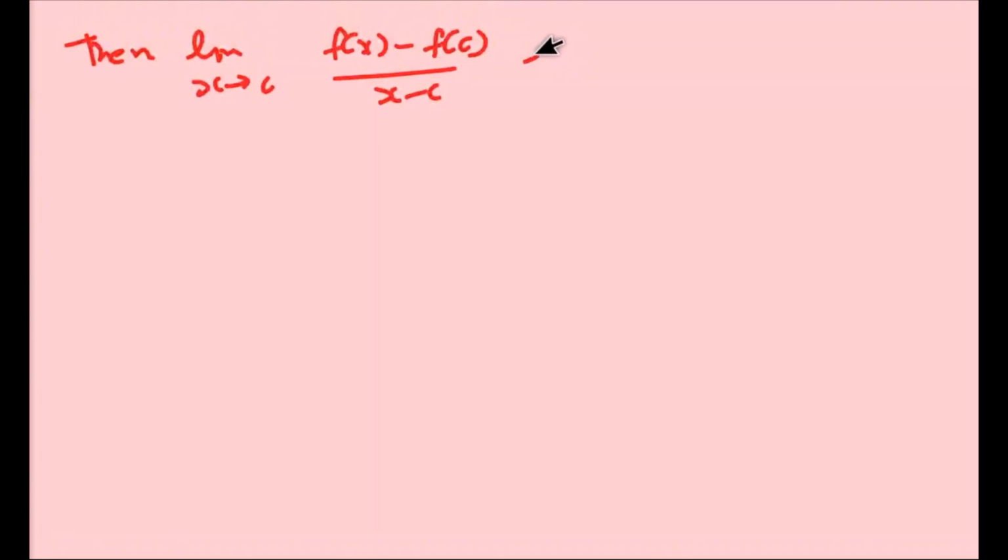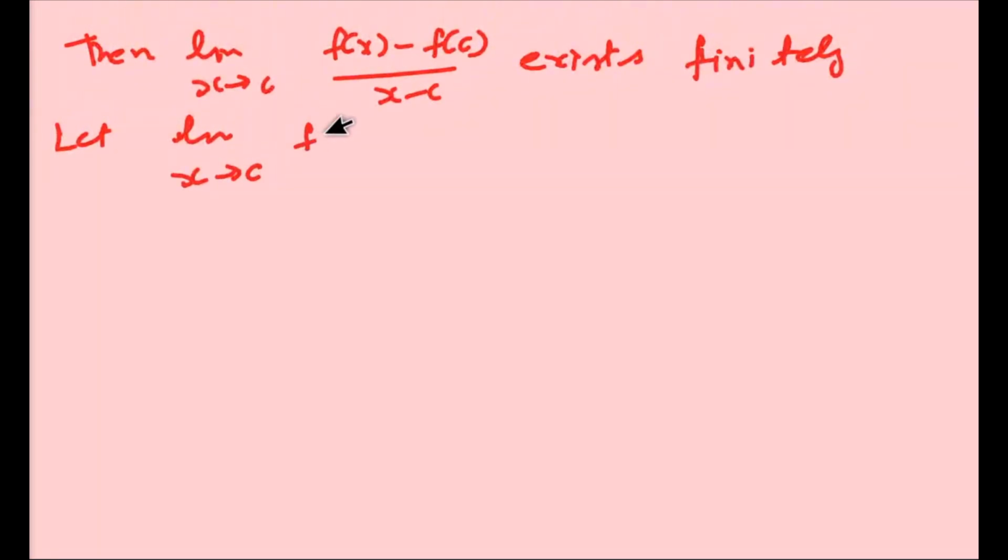This will exist finitely. Let limit x tends towards c, (f(x) minus f(c)) upon (x minus c) equal to f dash c. F dash c, dash means differentiable at c.